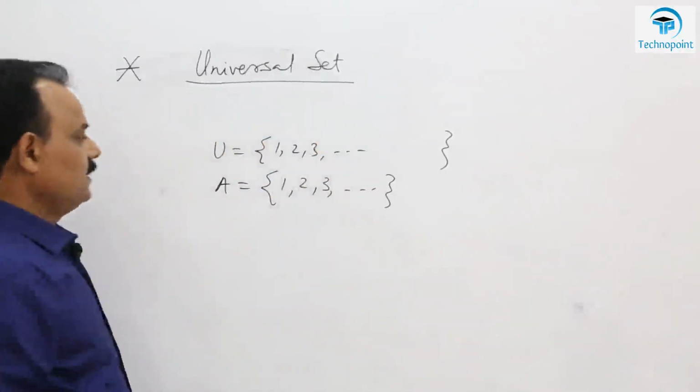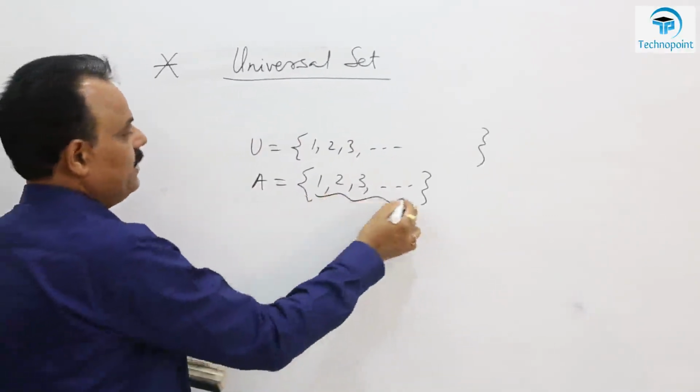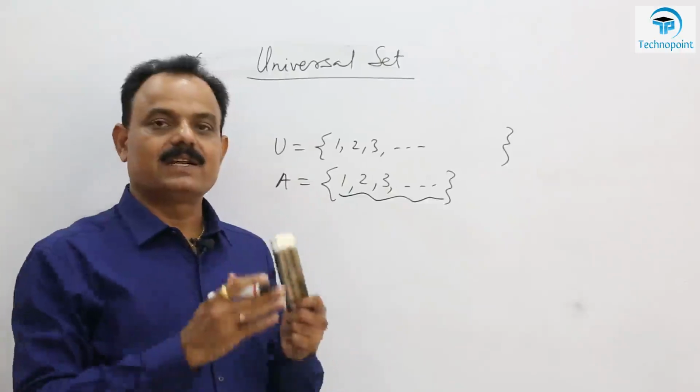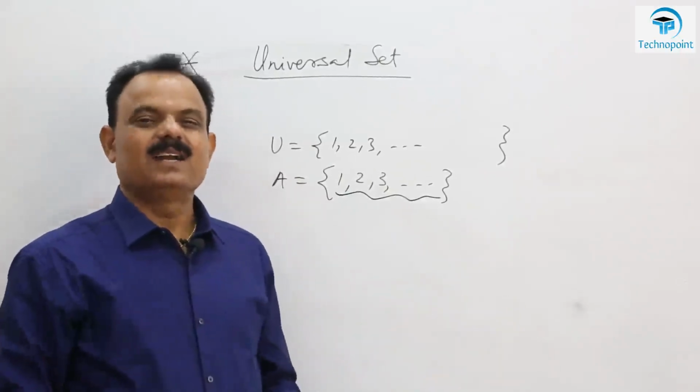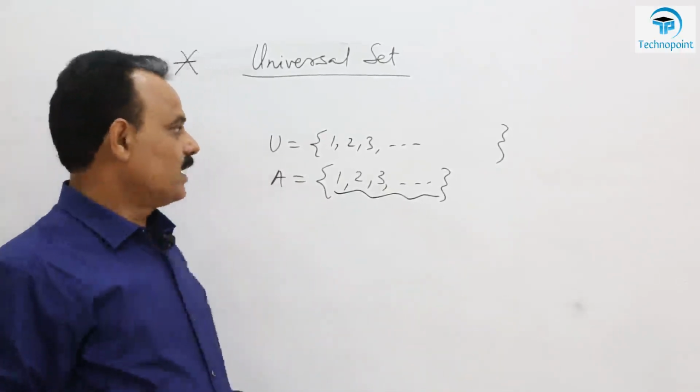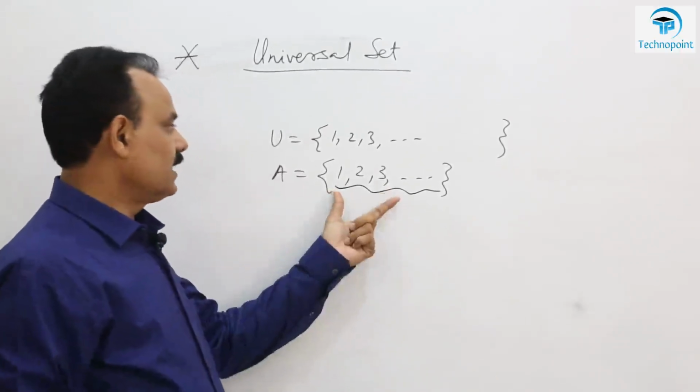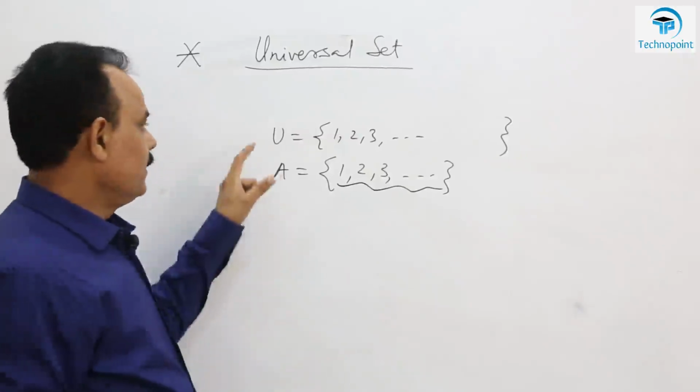So here you can see all the elements of any set are actually the elements of universal set. Universal set contains all the elements under consideration. Whatever you consider, it is in the universal set. So all the elements of set A lie in this universal set.